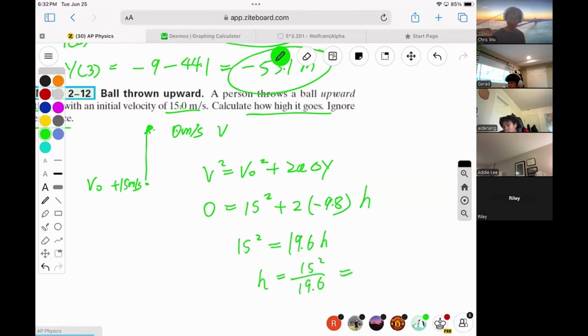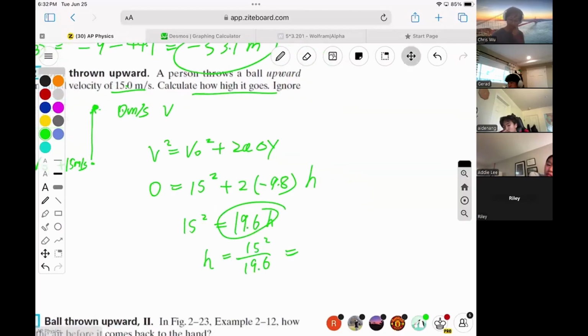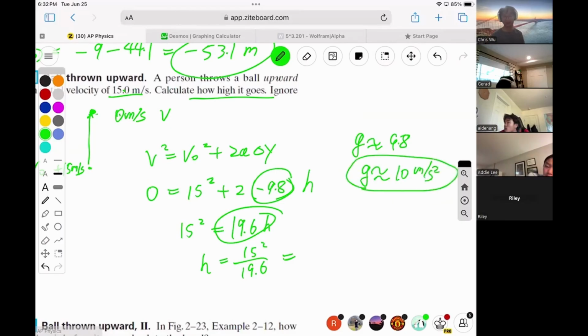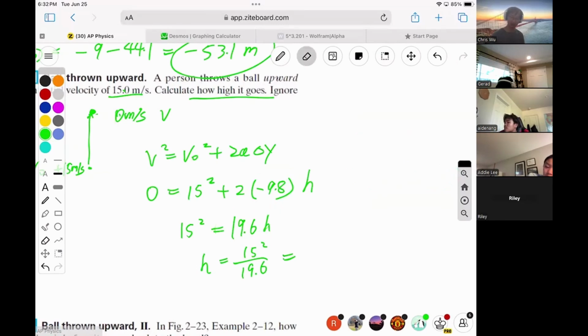By the way, I believe on the AP exam and on most physics exams, you are allowed to approximate g instead of 9.8. You're allowed to use g as roughly 10 meters per second squared to make your calculation easier. But most homework and during a school year, you're probably going to be required to use 9.8.